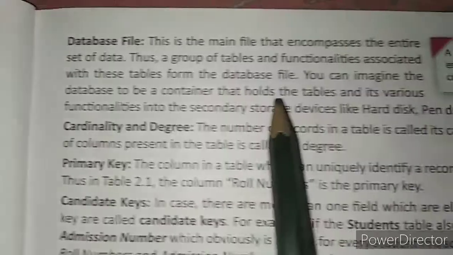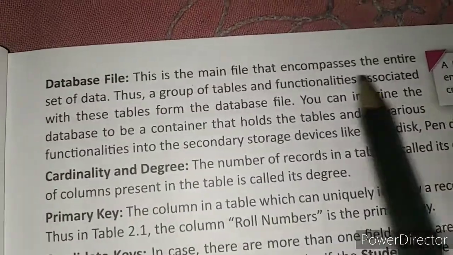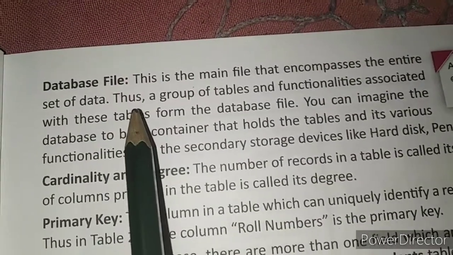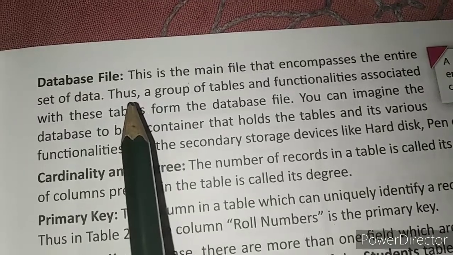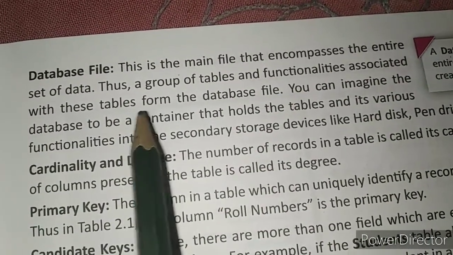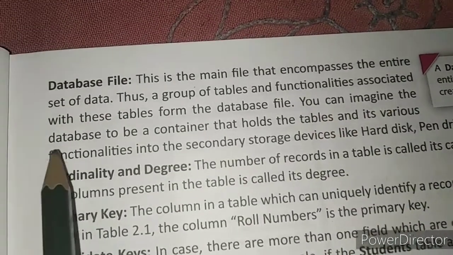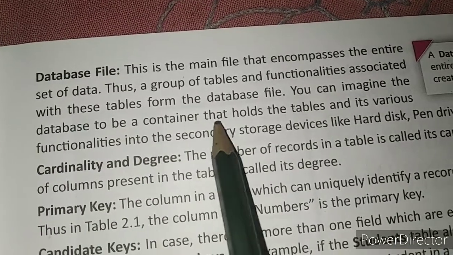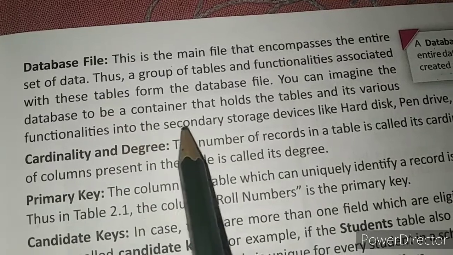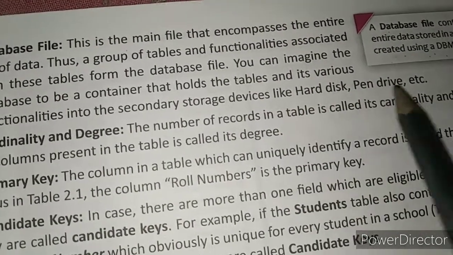It means that in the database file all the data is stored, and it also includes the functionalities which are provided by these tables. So you can imagine the database to be a container that holds the tables and its various functionalities in secondary storage devices like hard disk and pen drive, etc.